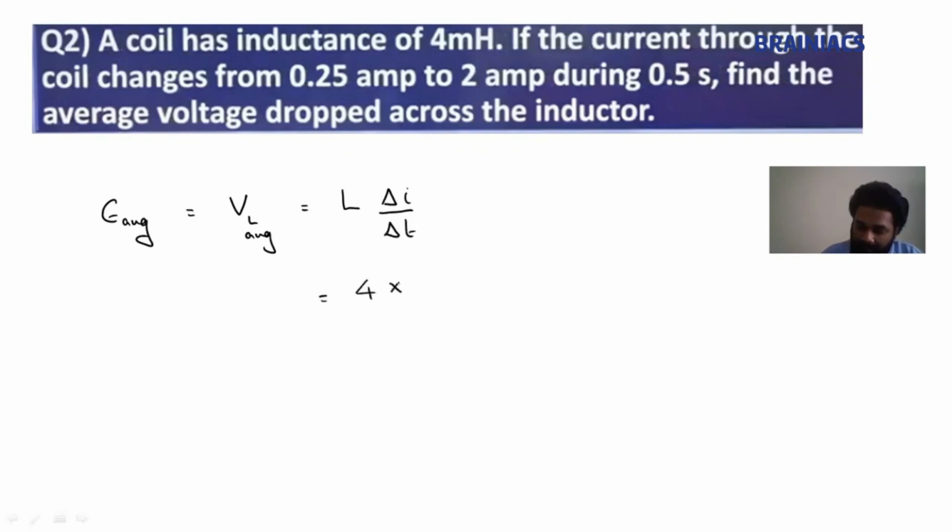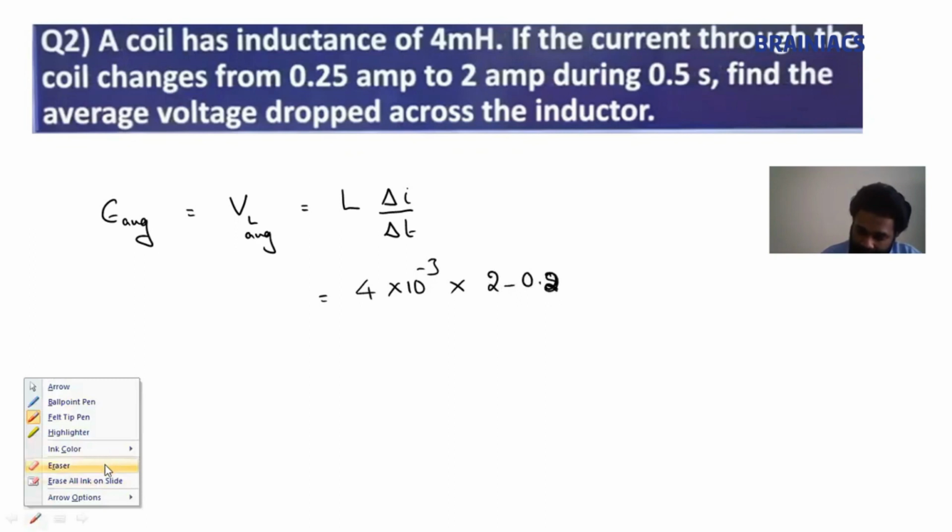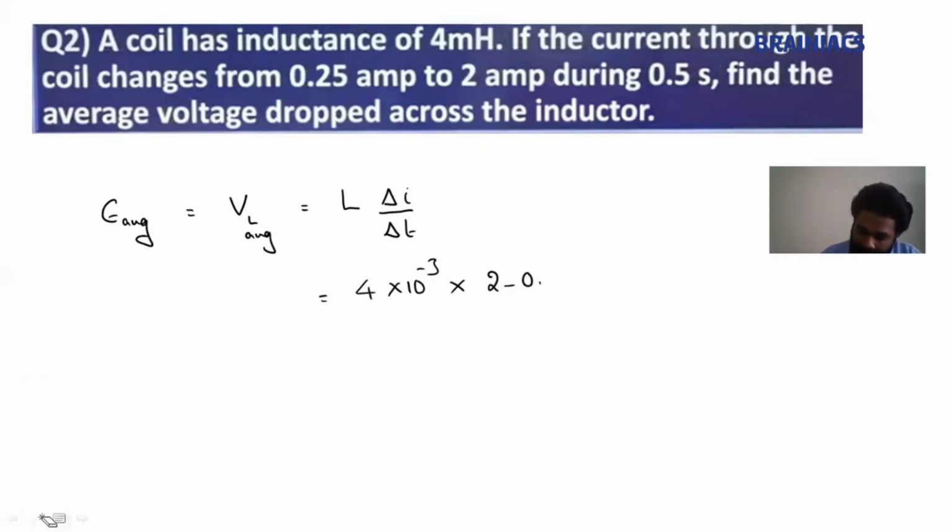So 4 millihenry is given as the self-inductance, and current changes from 0.25 to 2 ampere. So 2 minus 0.25, divided by how much time it takes for that? 0.5 seconds. So this is L into I2 minus I1 divided by the time duration.